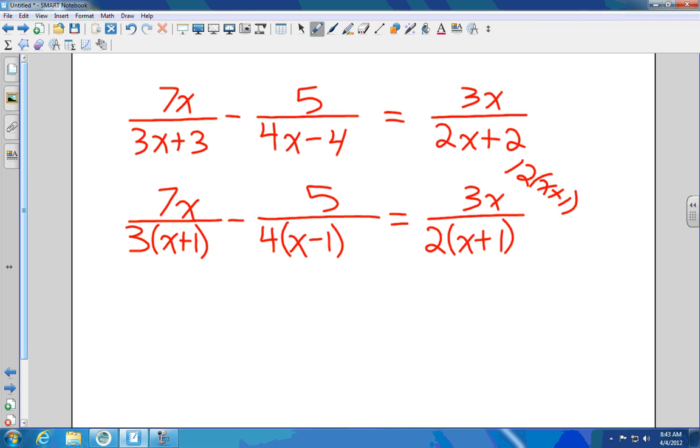It doesn't matter if you cross these off or not, but that represents both of these. And we've also represented all those numbers. What's left? x minus 1 has to be in there. So that's what we're multiplying. Everything times that.